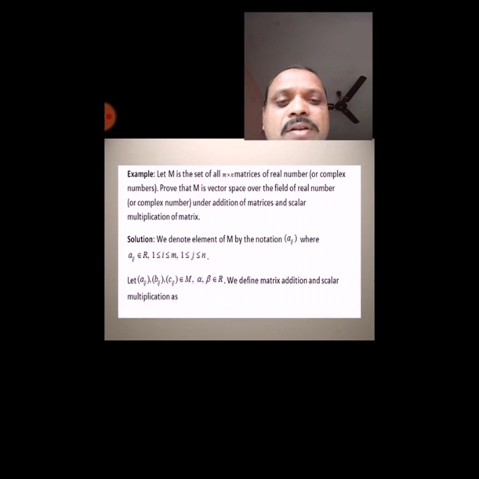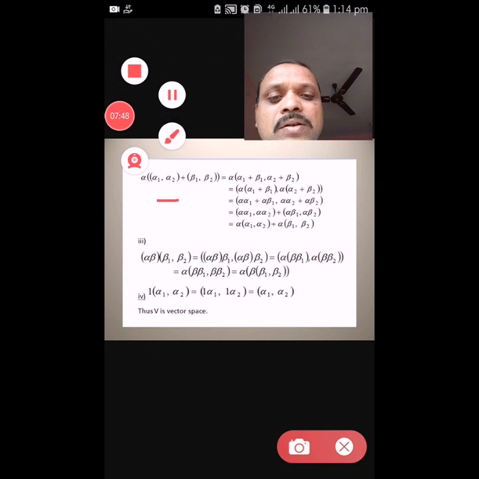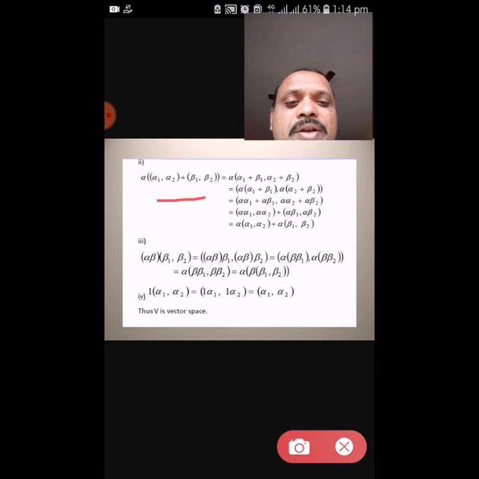Now see the second property, alpha times the sum of two members of V, alpha 1 comma alpha 2 and beta 1 comma beta 2. Then we add these two, and we get alpha times alpha 1 plus beta 1, alpha 2 plus beta 2.